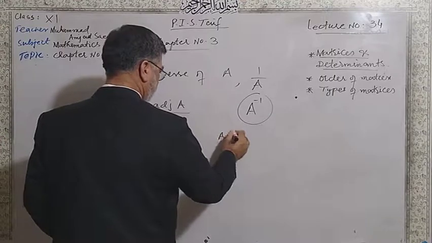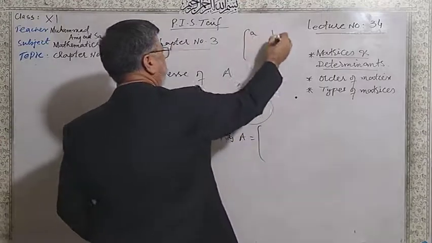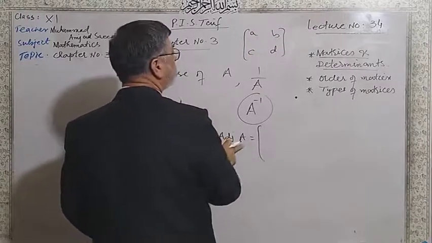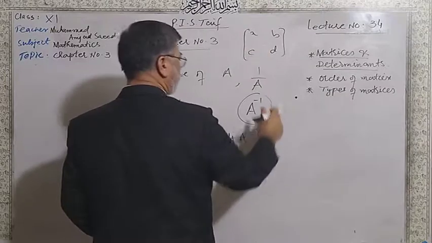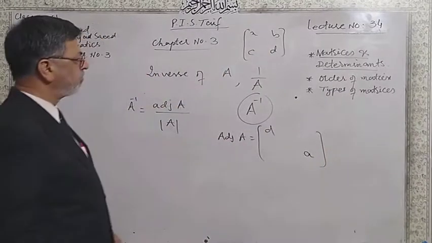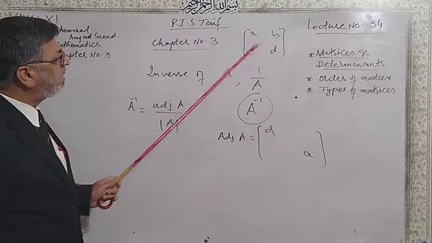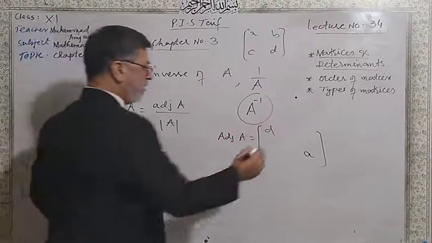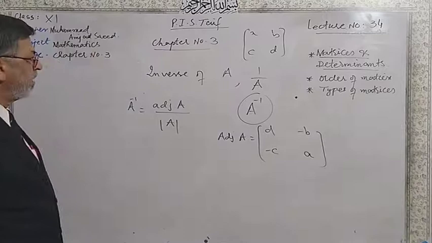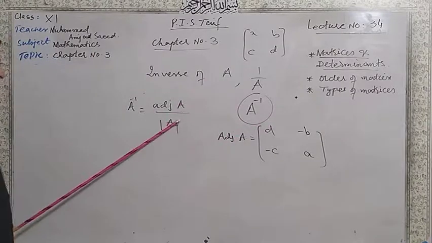Adjoint A: here if A was A, B, C, D, then what is meant by adjoint A? Interchanging the places of A and D, and changing the signs of B and C. That is known as adjoint A. And the determinant of A, we have already seen, is AD minus BC.